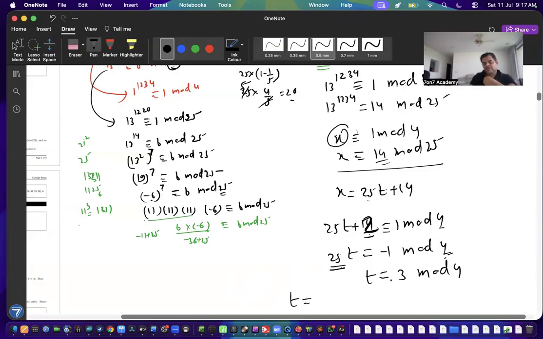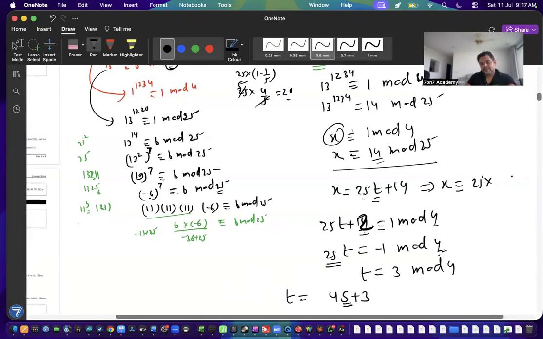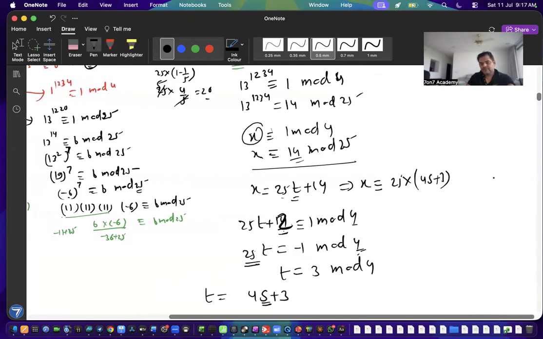So t has to be a multiple of 4 plus 3. So I added one more variable: 4s plus 3. Where t is here, no? So this x changes into 25 times, I will replace it by this, 4s plus 3, plus the right side, 14. So x is 100s plus 75 plus 14.